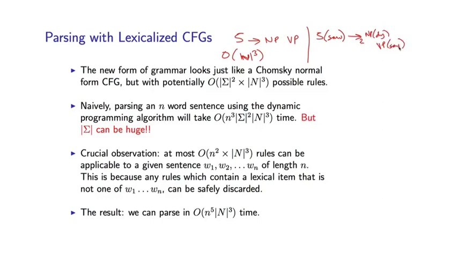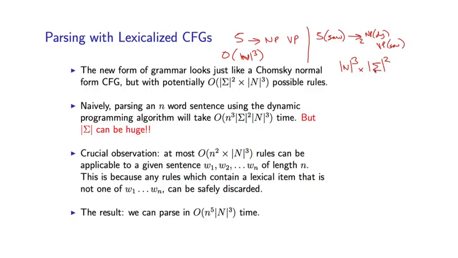And so if I think of the number of choices, well, I have three non-terminals here, S, NP, and VP, so I have N cubed choices there. And also in each rule I have two words, the head word saw and the modifier word dog, and so I'm going to have sigma squared. And so there are many, many possible rules. Okay, so I've gone from a grammar with order N cubed rules to a grammar with this many rules.